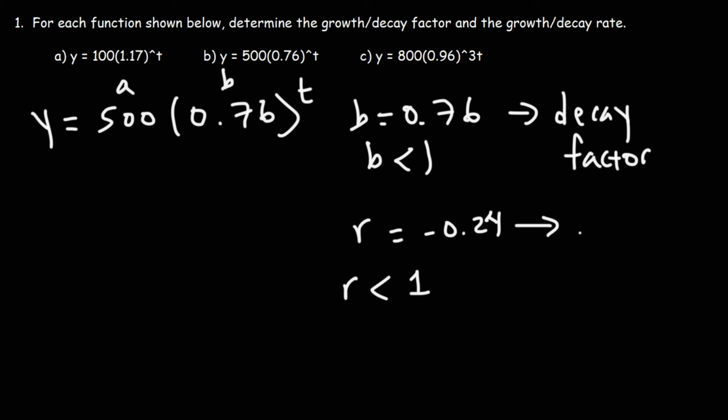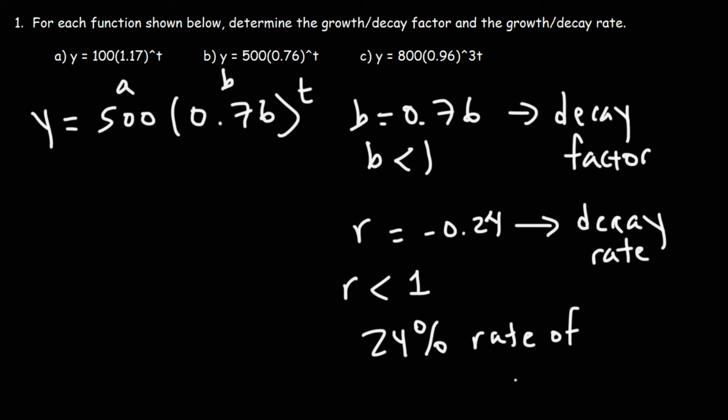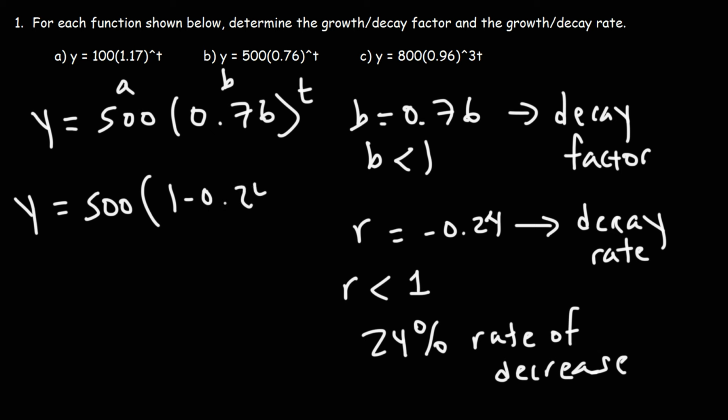Now, the r value, negative 0.24, that is going to be the decay rate. So we have a 24% rate of decrease. And we can write the formula like this. Replacing 0.76 with 1 plus r, being negative 0.24, we have this. So this number here is the decay rate.